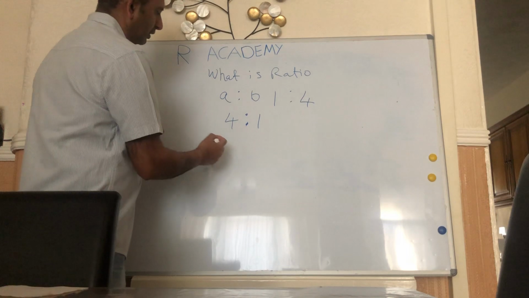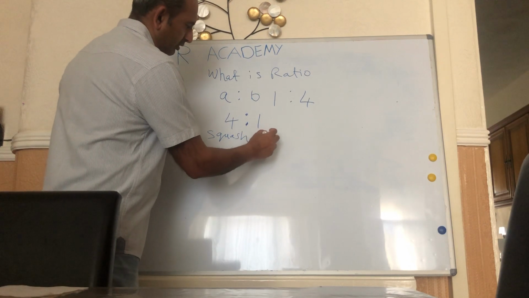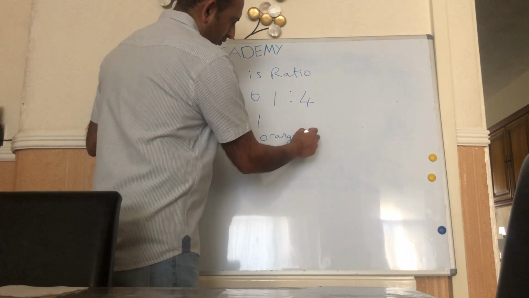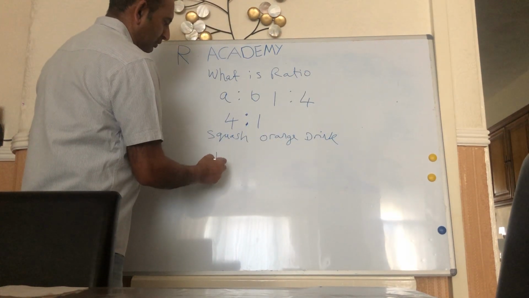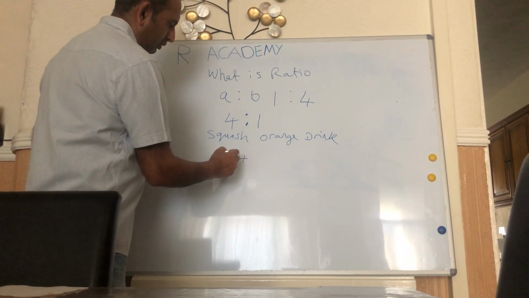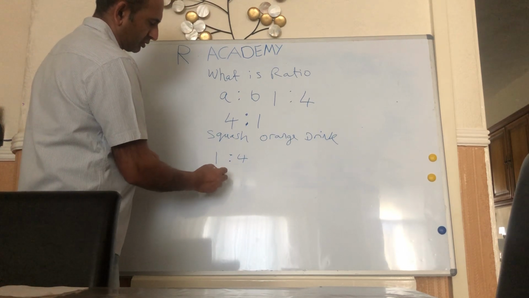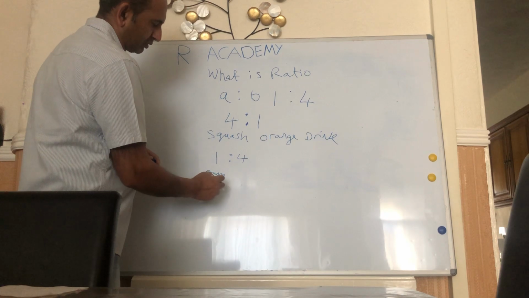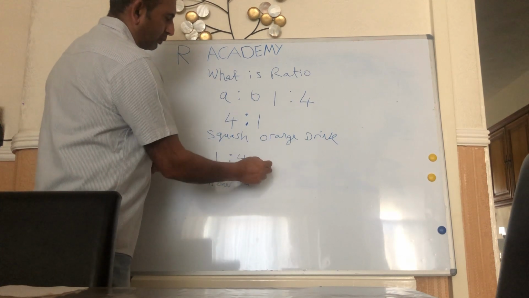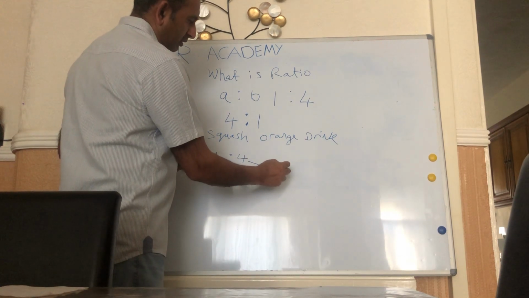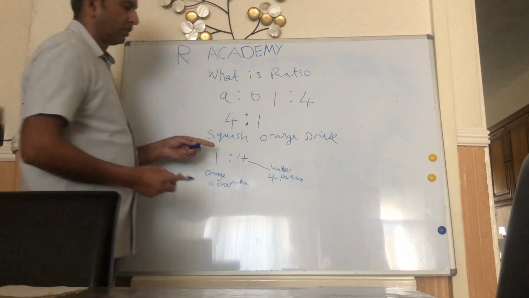If you were making some squash, like an orange drink, and you had a ratio of 1 to 4, that would say the orange is 1 portion and the water is 4 portions. That would taste quite nice.